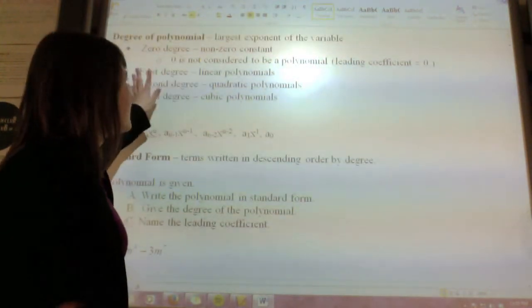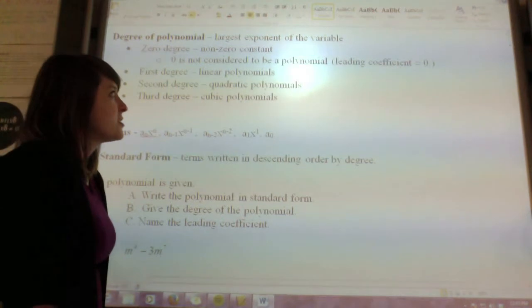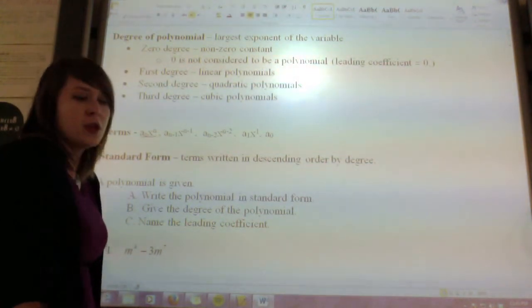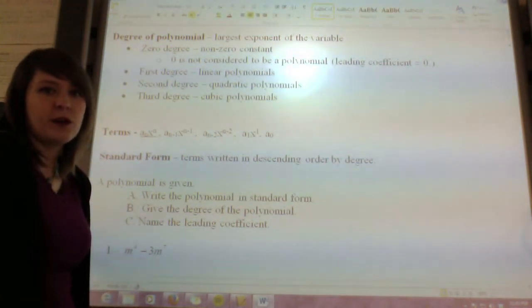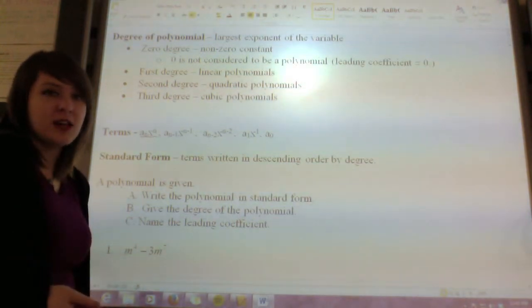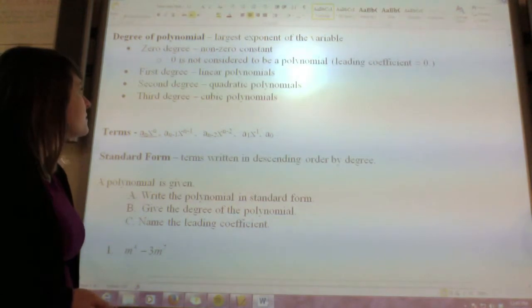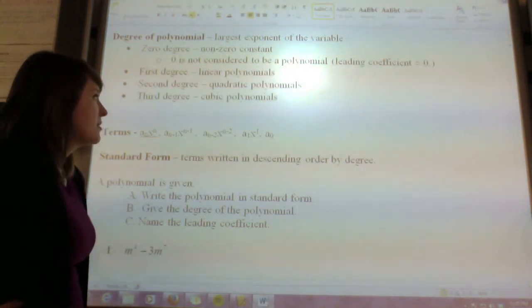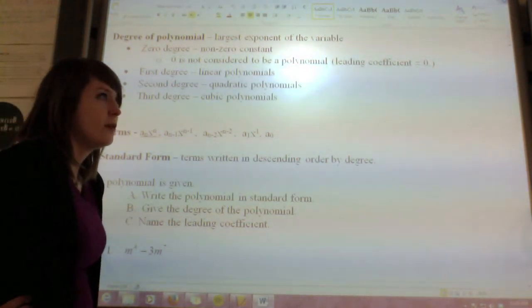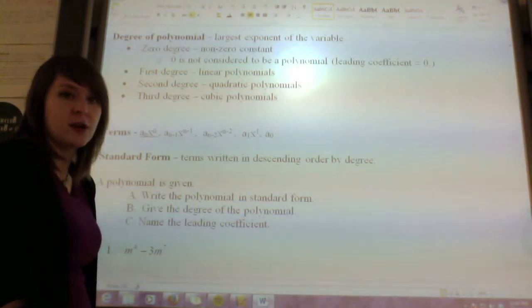Alright, if we want to find the degree of a polynomial, that's just the largest exponent of the variable. So in your function, whatever highest power you have, that's the overall degree of the polynomial. A 0 degree means that you have some sort of non-zero constant, so 3 or 5 or 100.